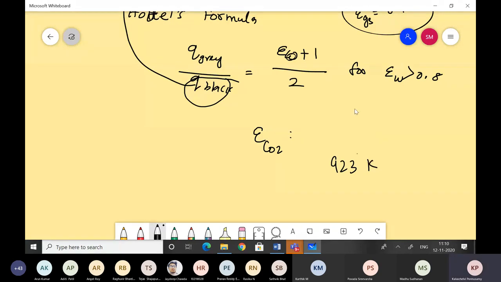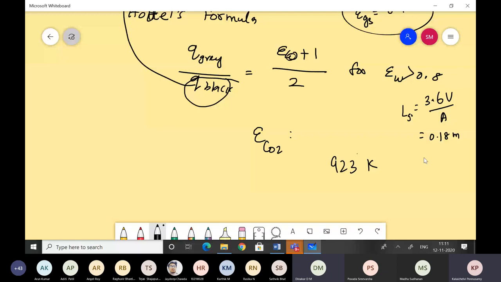What is LMS, the mean beam length? 3.6 times volume divided by area. I got 0.18 meters.